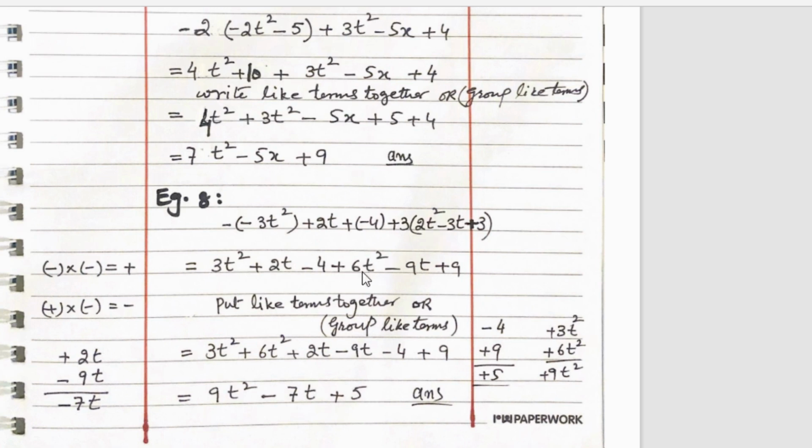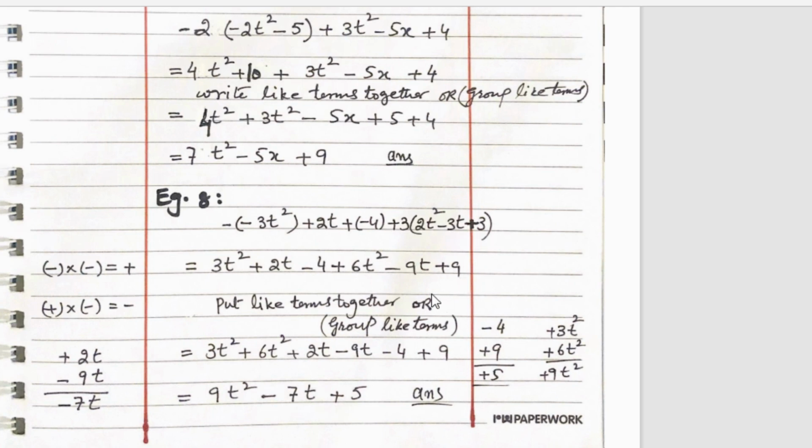Because plus 6 is the coefficient of t square. Minus plus into minus, two different signs multiplied, so we get a minus sign, not a subtraction operation, right? Plus into minus will be a minus sign, 3 times 3 is 9 t variable, and plus into plus will give you plus, 3 times 3 is 9.